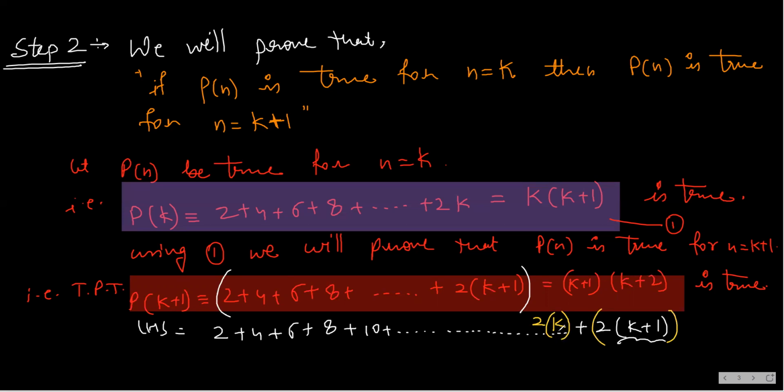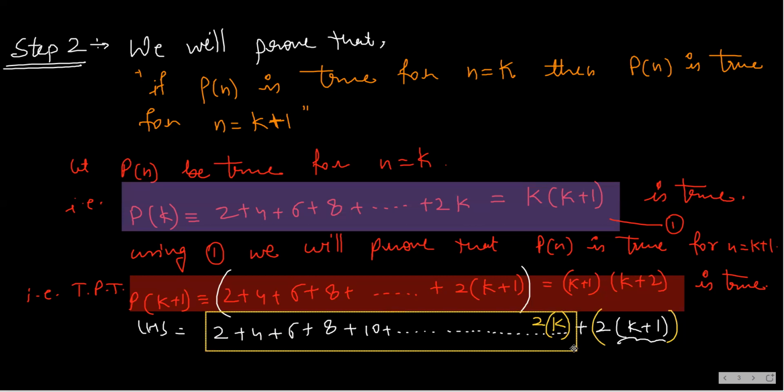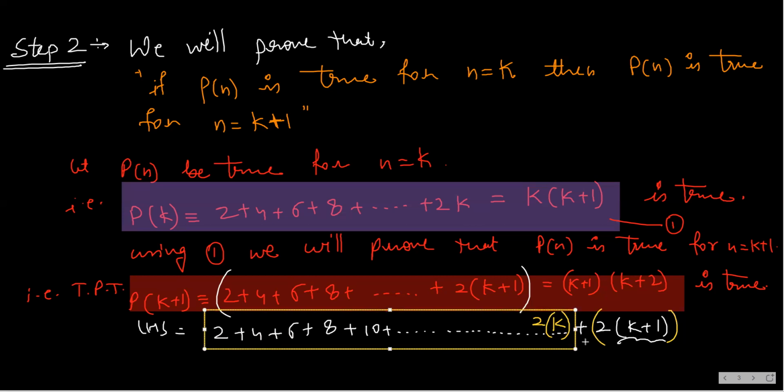It will definitely be 2k. See, 2k, then the next is 2k plus 1. So this is my left hand side. But what we have assumed, if we go by that, up to 2k, what is the value?